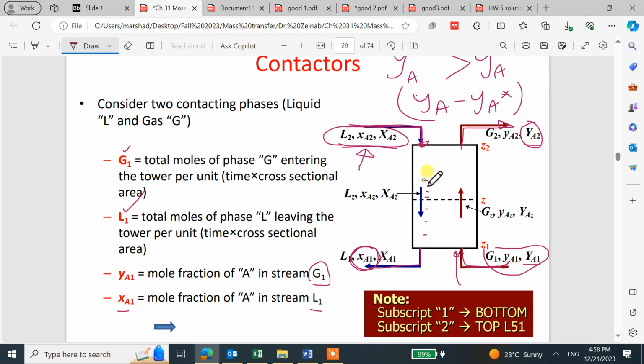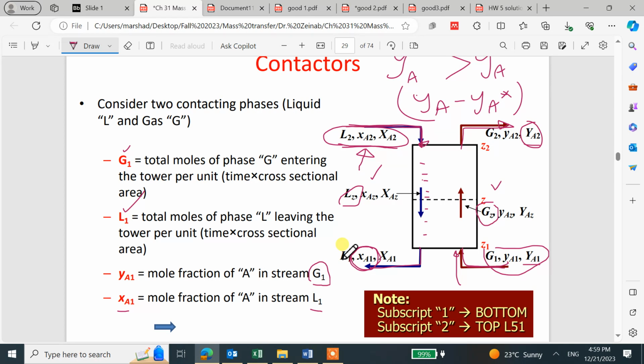So there will be mass transfer from gas to liquid. At each stage, composition is changing, and hence this transfer is taking place. So even the liquid flow rate and gas flow rate are not constant. They are varying at each stage.